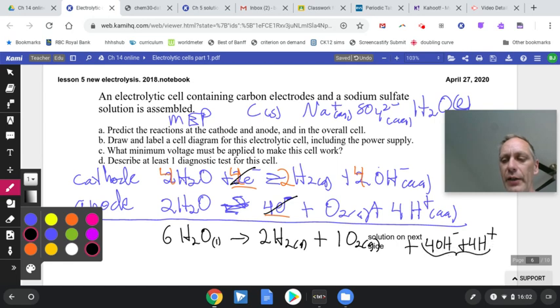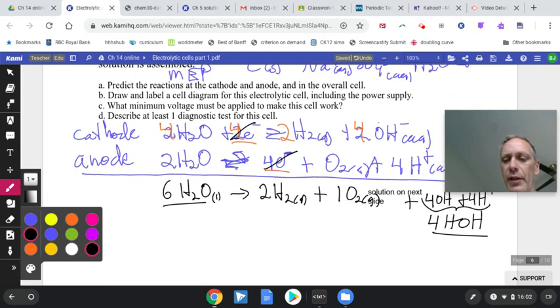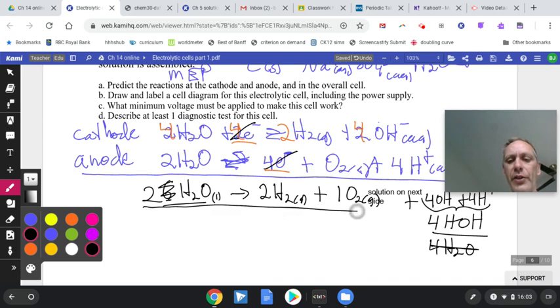These combine to make 4 HOH or 4 waters. So I have 6 waters here and 4 here. That could also be written as 4H2O, same thing. Now we can simplify this. Take 4 away from both, and we're left with 2. So this is the net reaction. 2 waters makes 2 hydrogen and 1 oxygen.